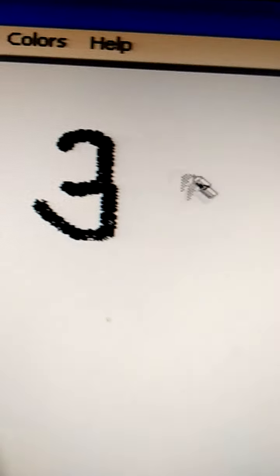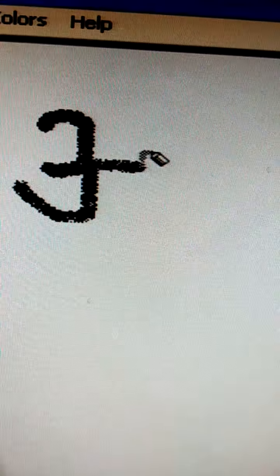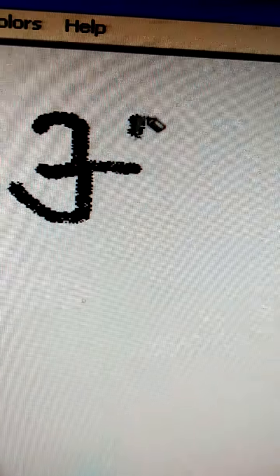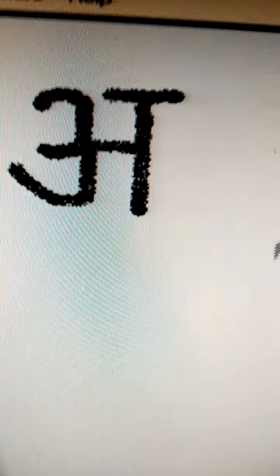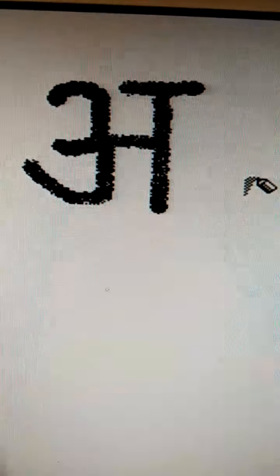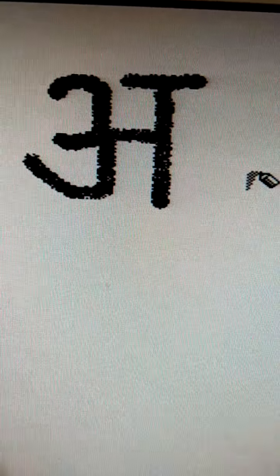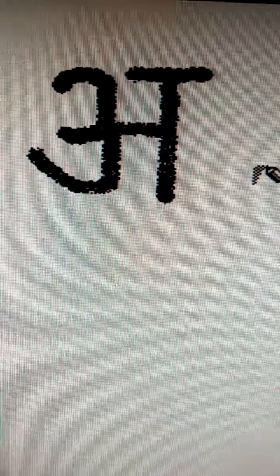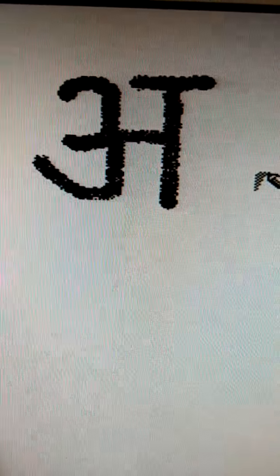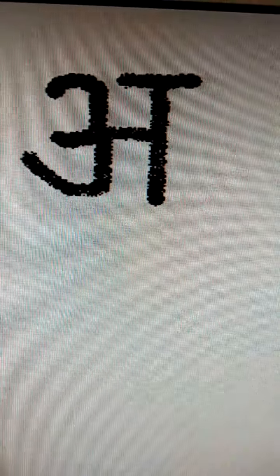You draw like this. This is the first letter of the Hindi vowels, that is A. Again I am trying to write.